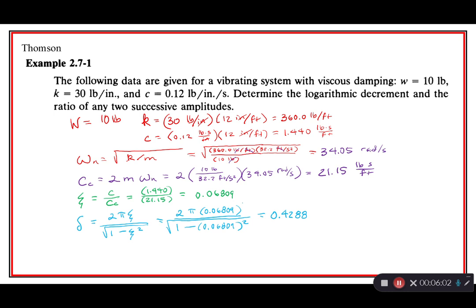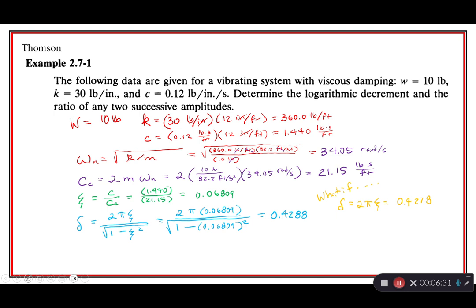These are dimensionless numbers. And by the way, let's do a little side thing and ask, what if we want delta equal to 2 pi times the damping factor? You end up with 0.4278, right? So there's not a lot of difference there.